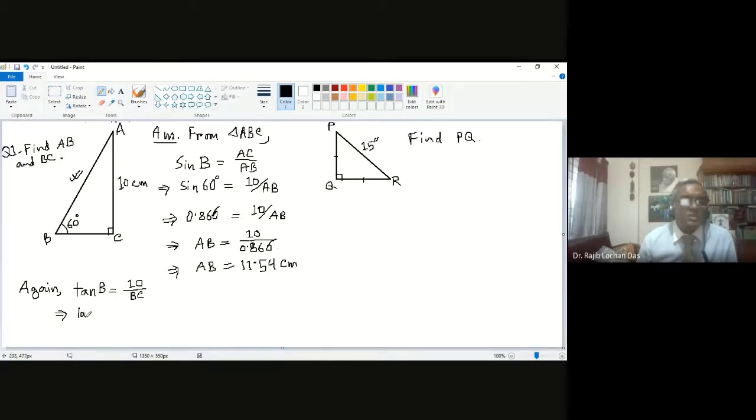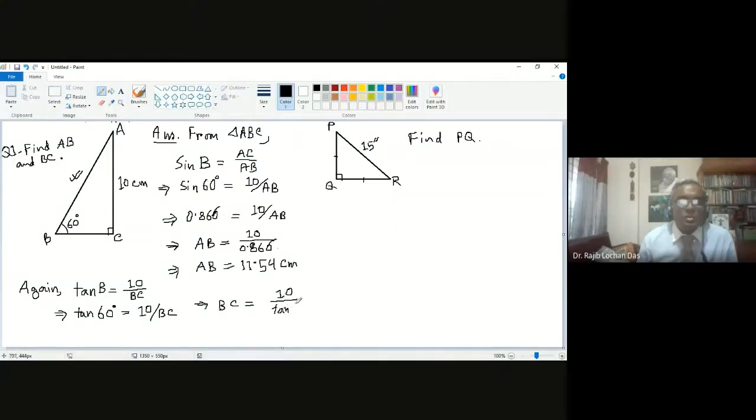So it is tan 60 degree, and on the right side, it is 10 divided by BC. So BC will be equal to 10 divided by tan 60.